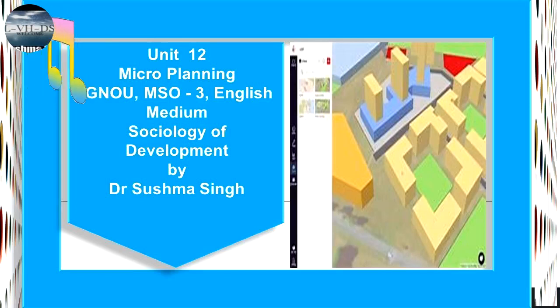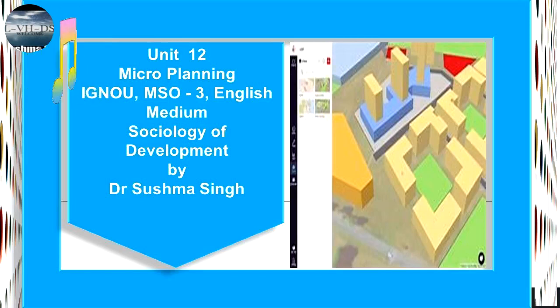In essence, the term microplanning implies a multi-level and decentralized planning approach to the overall development of a country. Microplanning is essentially a spatial development planning which tends to utilize all kinds of available resources, natural, human, and others, to the fullest extent.